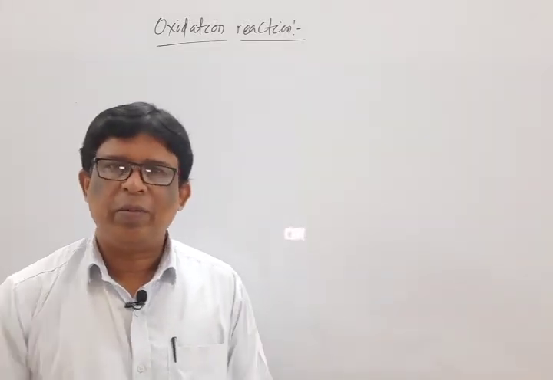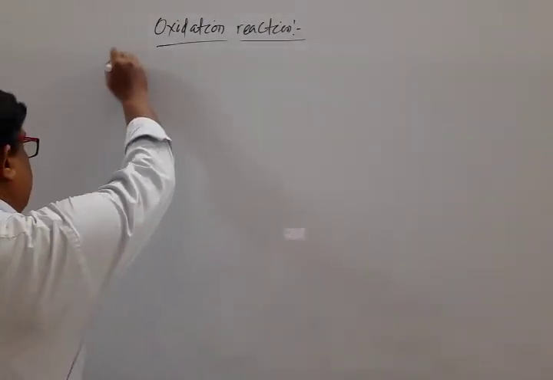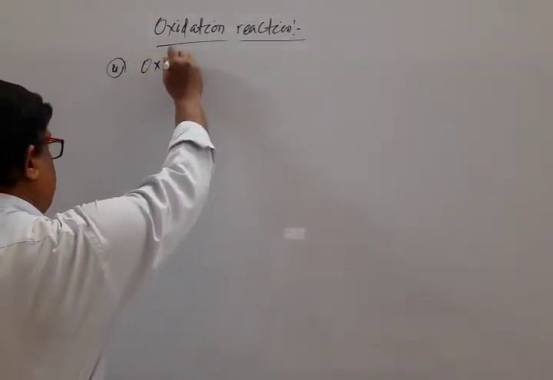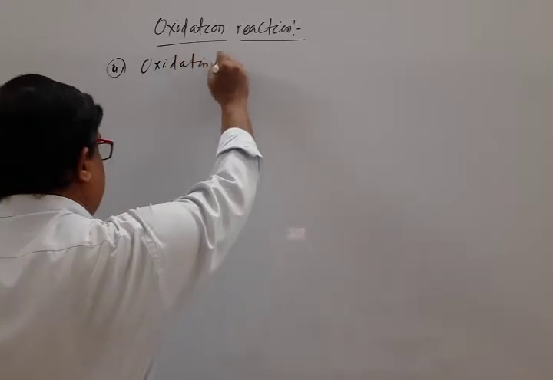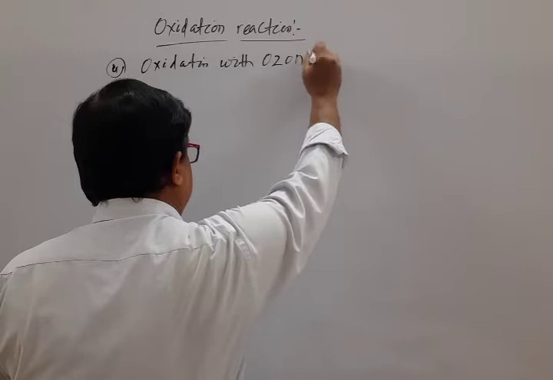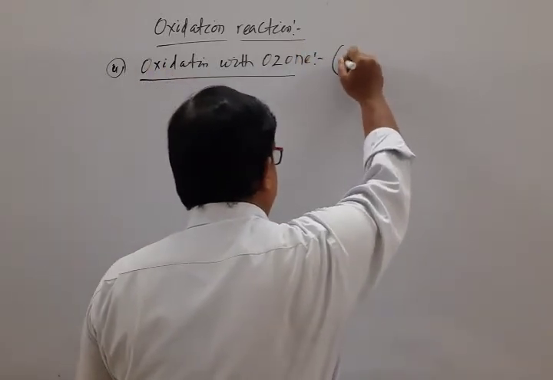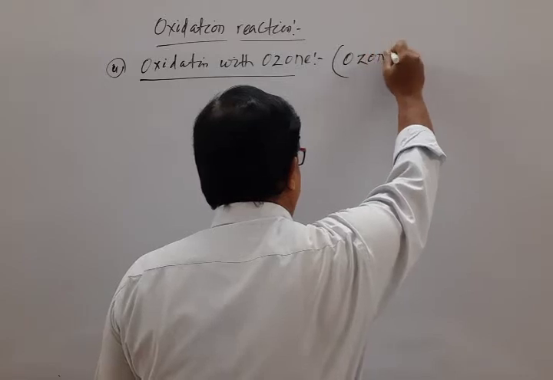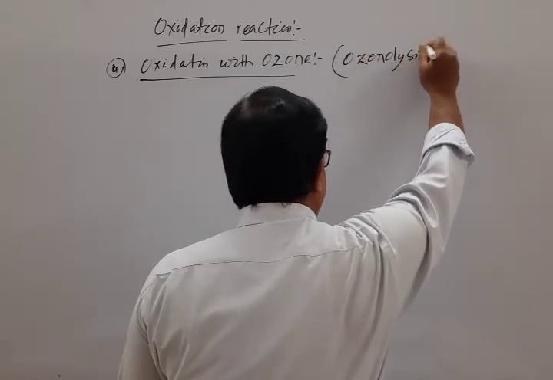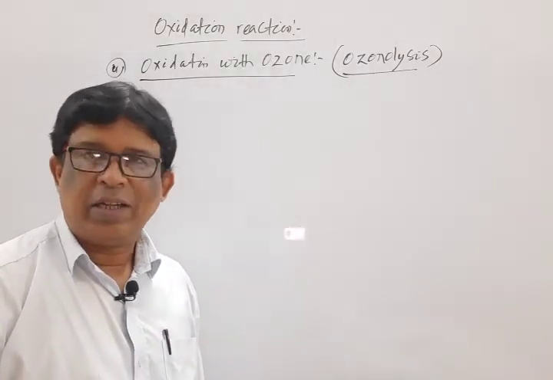Okay, let us verify one by one. Next property is oxidation with ozone. Ozone symbol is O3. The process of addition of ozone is also known as ozonolysis. So first note down the statement, then we write the equation.